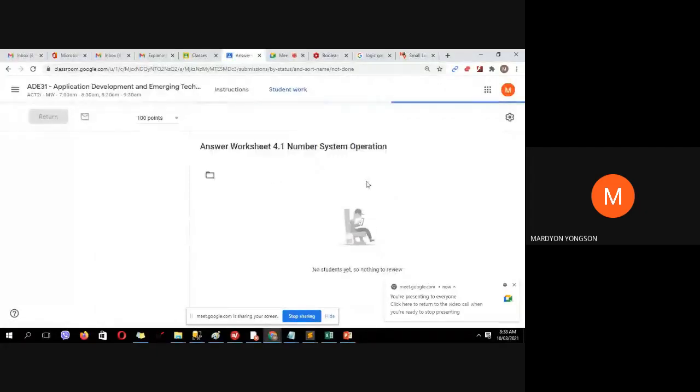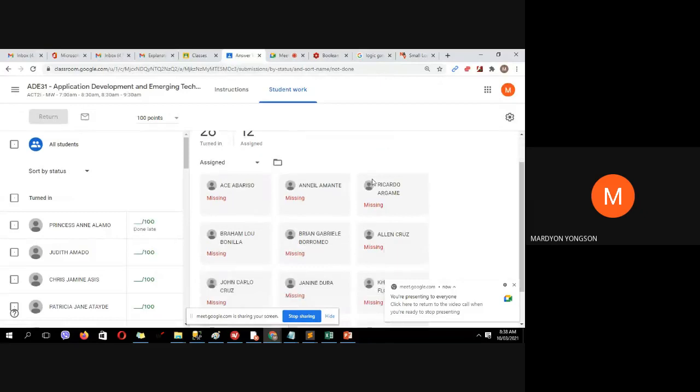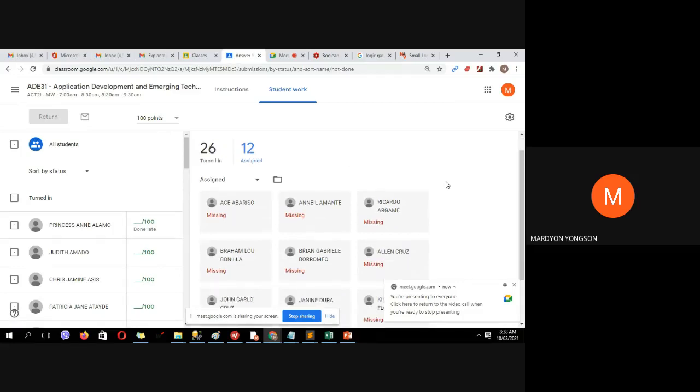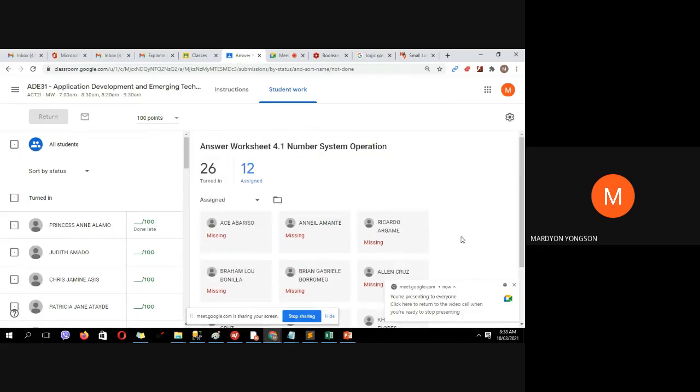Ayan, sige, sige. Kung wala nang question, yun na lang muna and then wala na muna kayong laboratory activity. Ito na lang yung nakaraan nung last Monday. So yung mga hindi pa nakapag-submit, so meron pang 12 na missing.